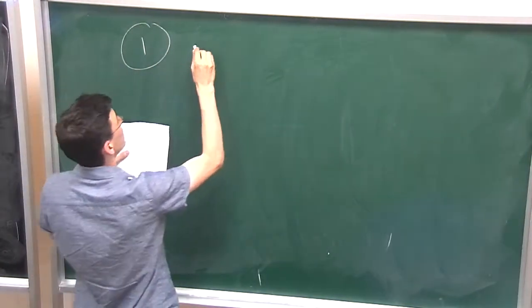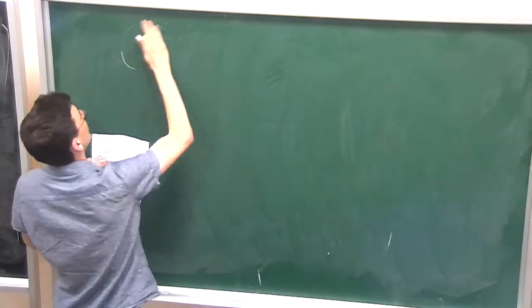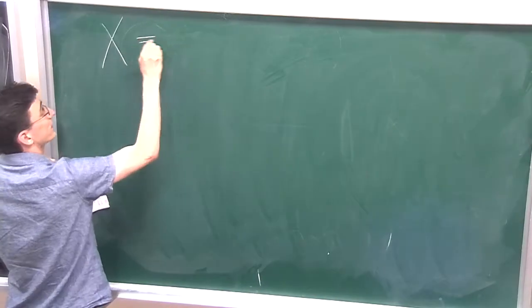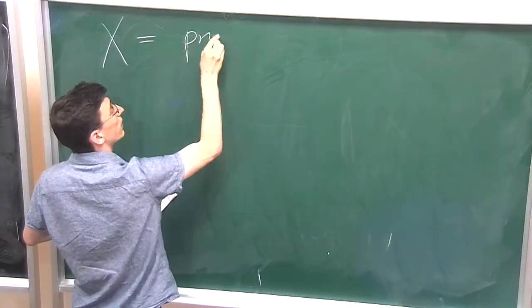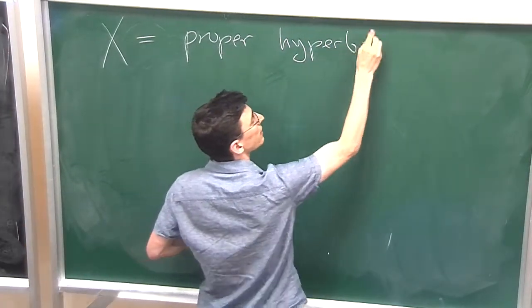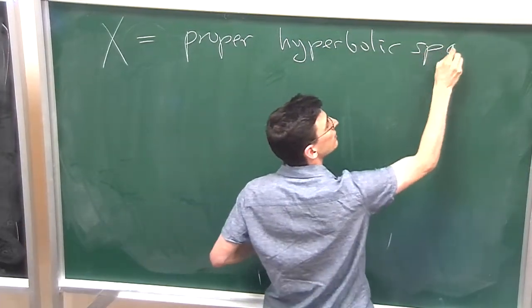For all time, X is going to be a proper hyperbolic space.